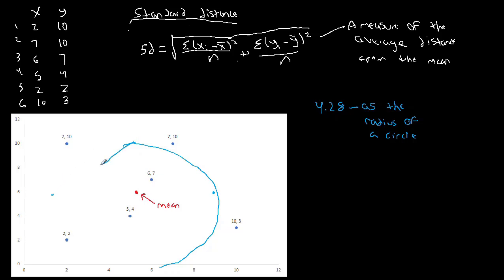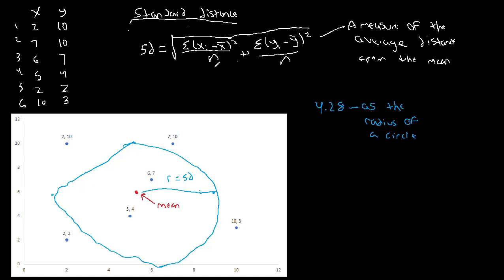Again, I'm butchering this with my hand drawing, but you can imagine that we've created a circle around the mean. This circle has a radius equal to the standard distance. In this case, this circle has a radius of 4.28, coming from the standard distance.